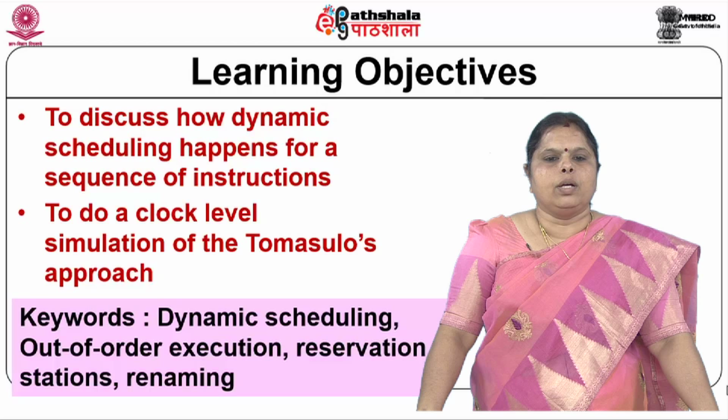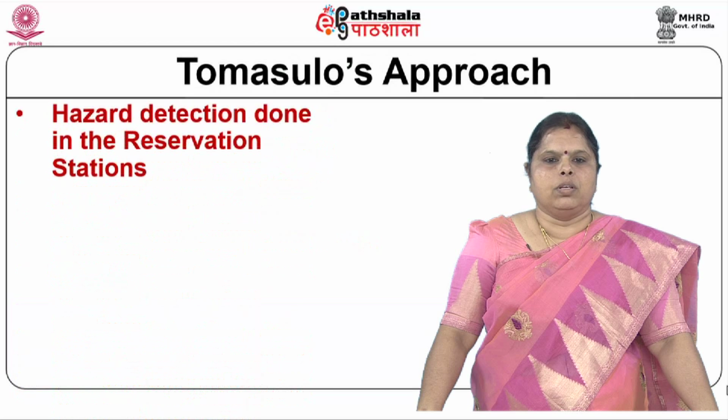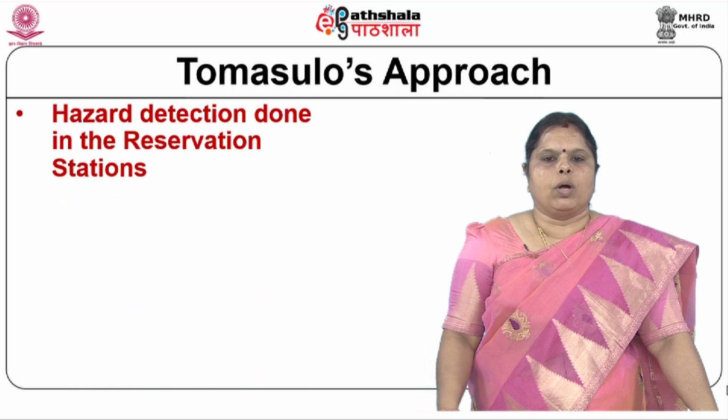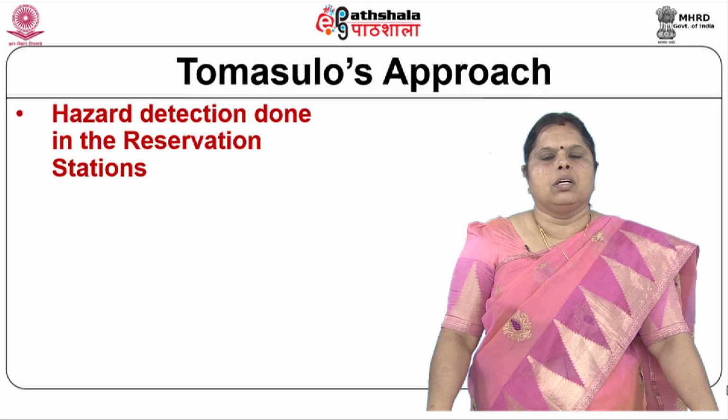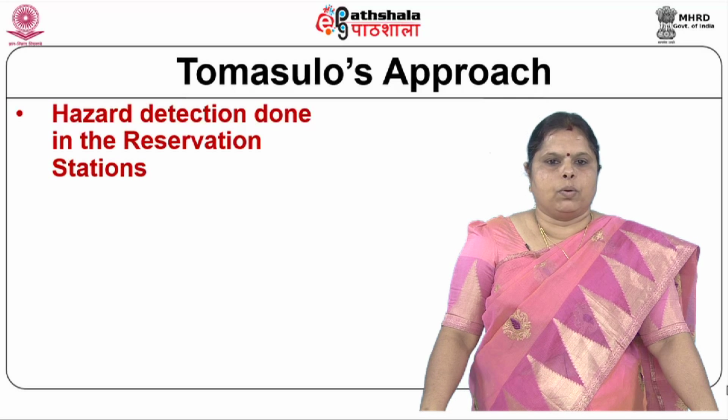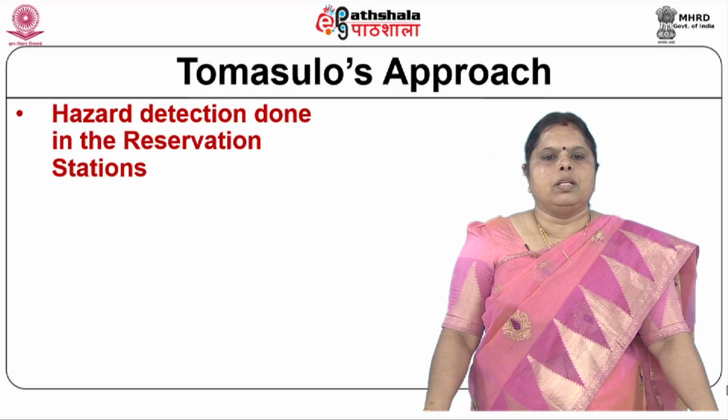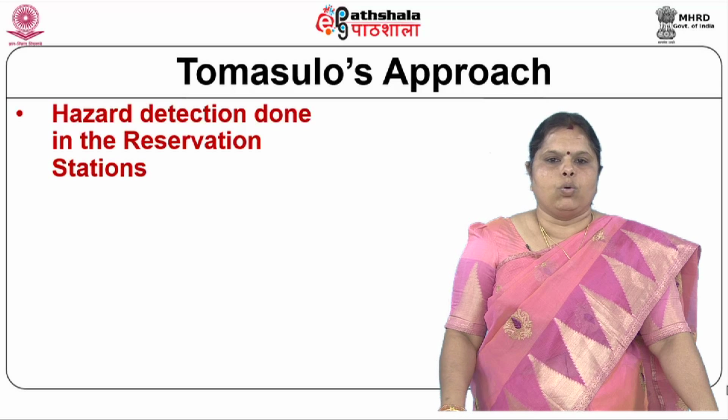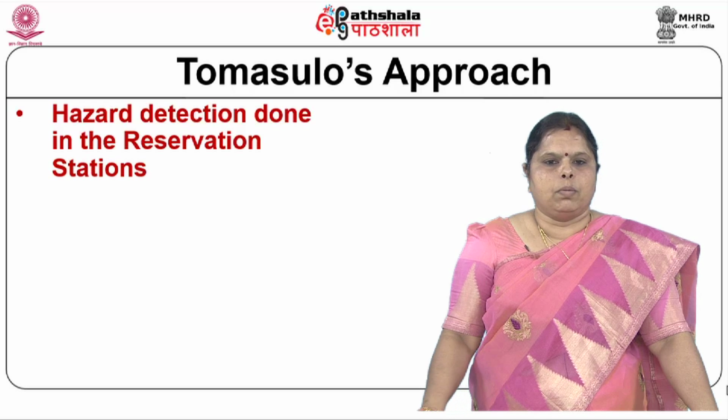Before we get into the actual details of the simulation, we'll go through the basics of Tomasulo's approach, in order to enable you to understand what happens in the simulation. In Tomasulo's approach, hazard detection is done in the reservation stations. Anti-dependence and output dependence are name dependencies, and they will cause WAR and WAW hazards in the pipeline if not handled properly.